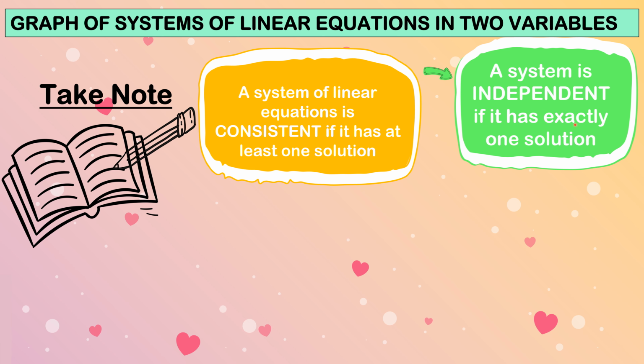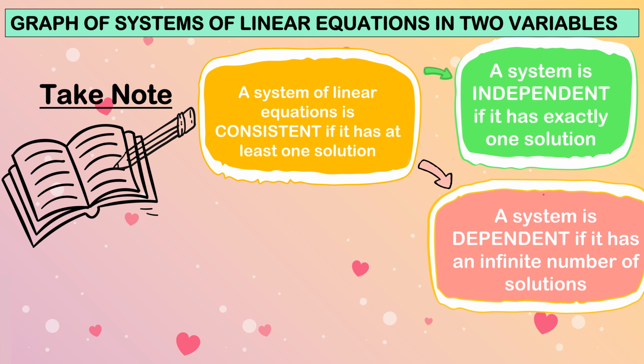Take note, exactly one solution, meaning to say there is only one point of intersection. Just like our intersecting lines kanina. Yung ating first graph that is intersecting lines, they exactly have one point of intersection.